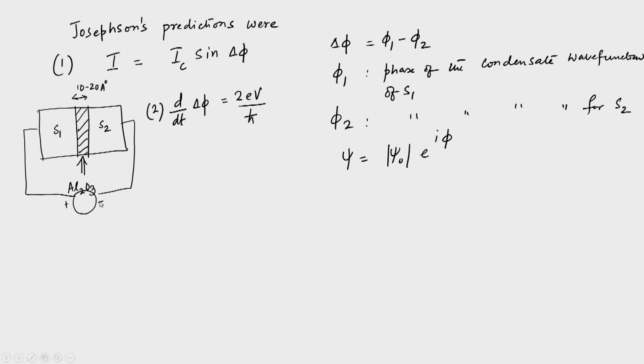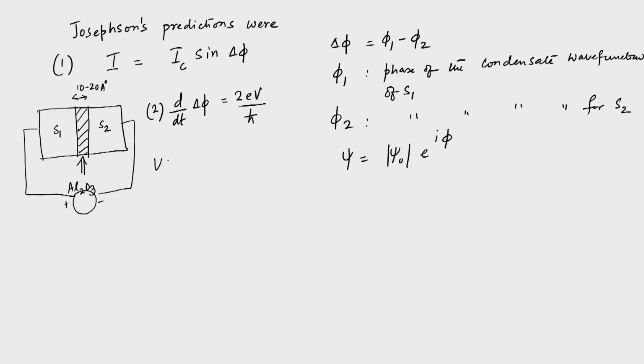So, the voltage that drives the junction is related to the time derivative of the phase difference between the condensates. So, V is voltage.